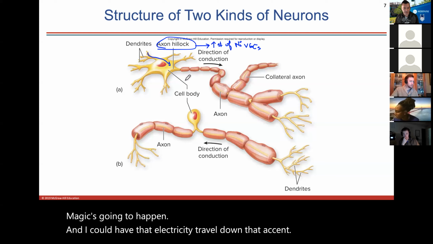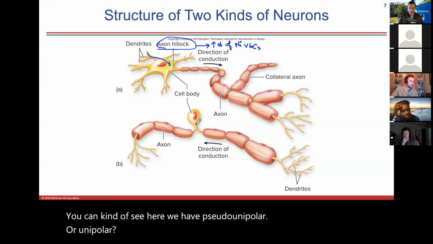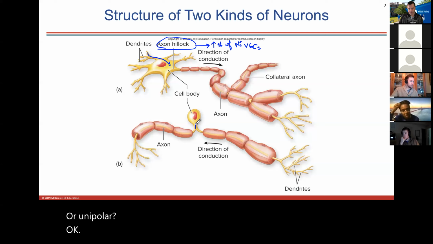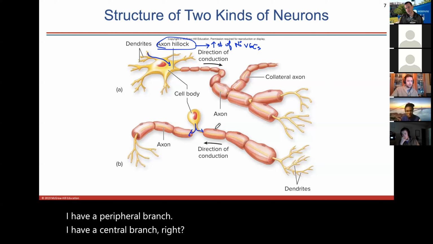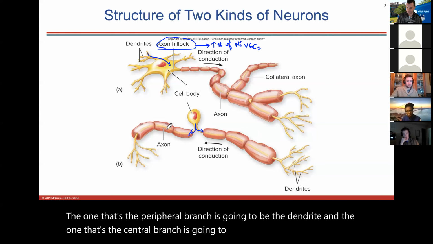You can see here we have a pseudo-unipolar or unipolar neuron. One process comes off, and I have a peripheral branch and a central branch. The peripheral branch is going to be the dendrite, and the central branch is going to be more the axon.